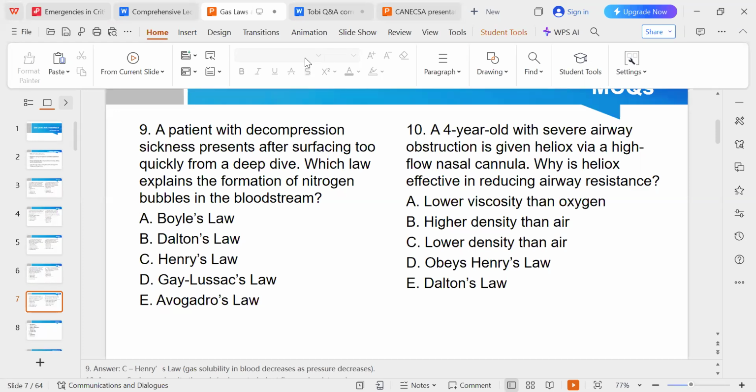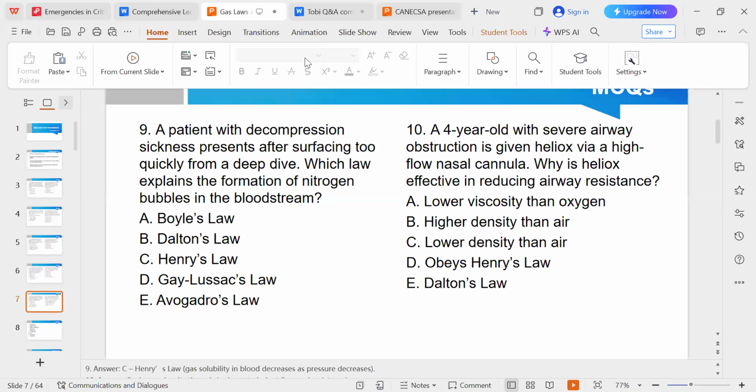Any other person? What law explains decompression sickness? C. Henry's law. Henry's law, correct.